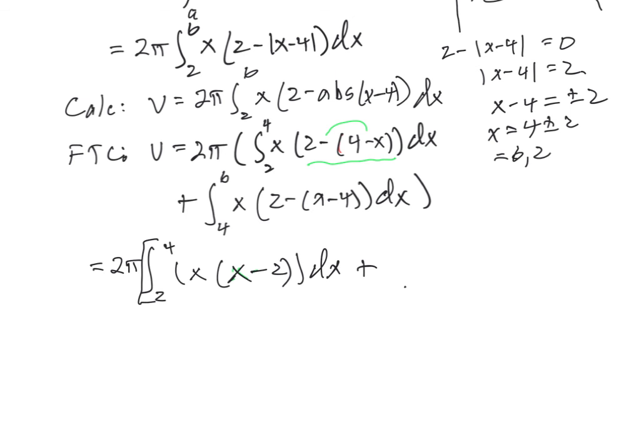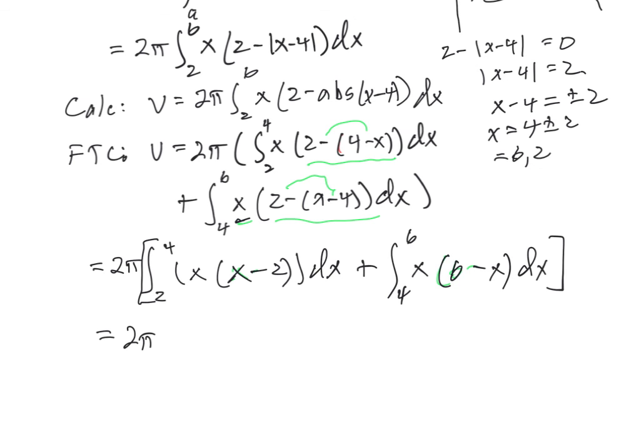And then we get the integral from 4 to 6. We get our x factor here. And then, if you look closely, it looks like we get 6 minus minus 4, which makes plus 4, and then 2 more, and then minus x. And I'll let you evaluate it.